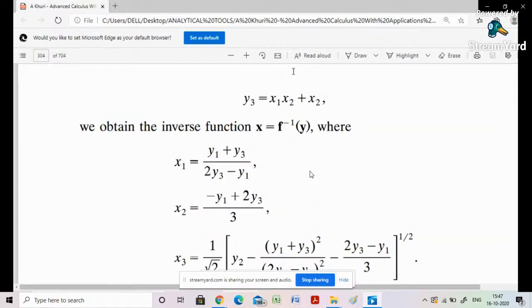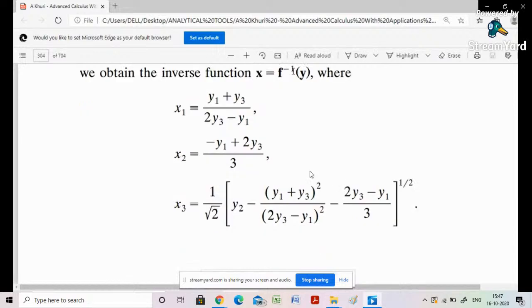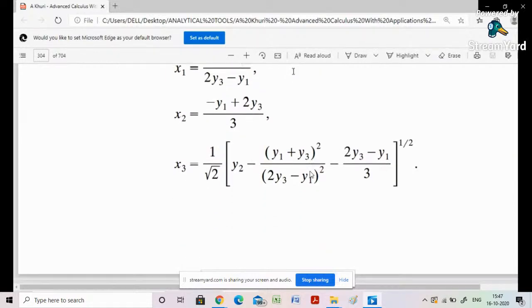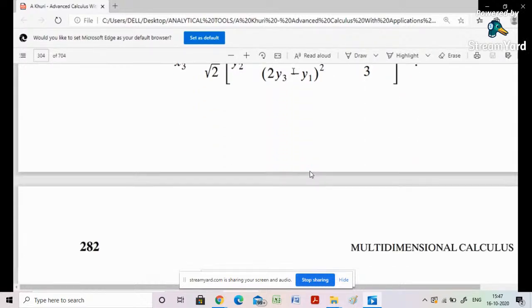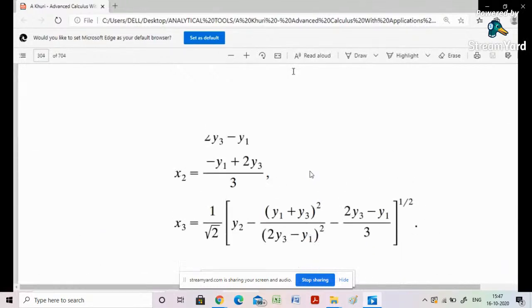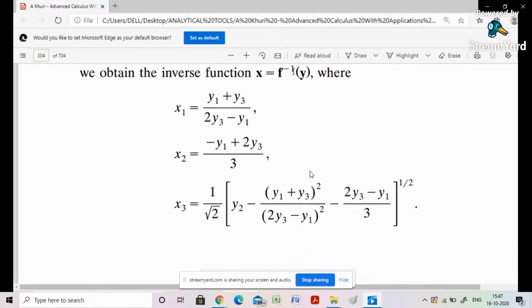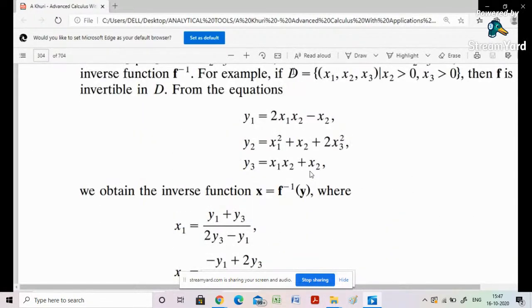Just rearrange these equations. And x3 is equal to 1 by root 2 into y2 minus 2y1 plus y3 square by 2y3 minus y1 square minus 2y3 minus y1 by 3, all to the power 1 by 2. So this is a typical example of inverse existence of a multivariate inverse function.